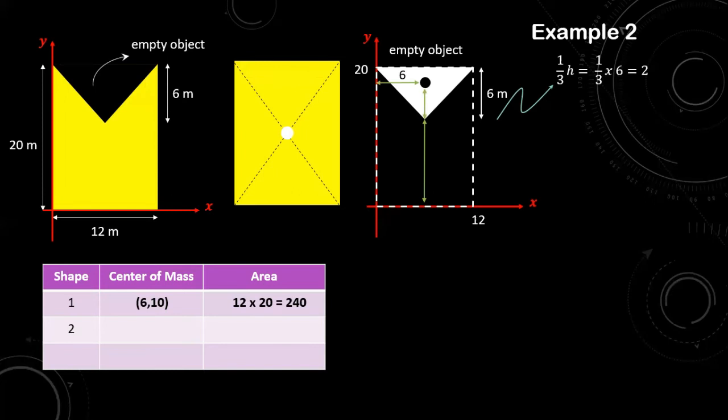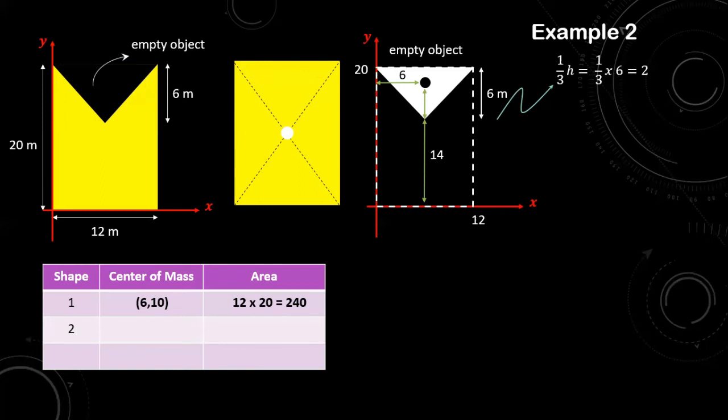The first is from the base and the second one is from the top of the triangle to the center of mass of this empty object. The first length is 14 meters. Right, everyone? How do you know that? 14 meters? Yes. 20 meters minus 6 meters.